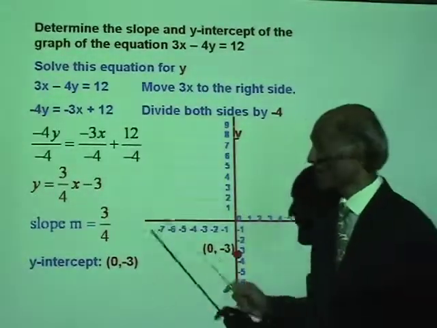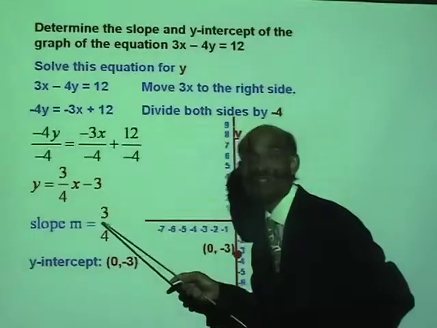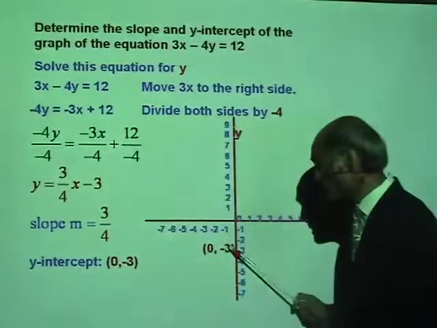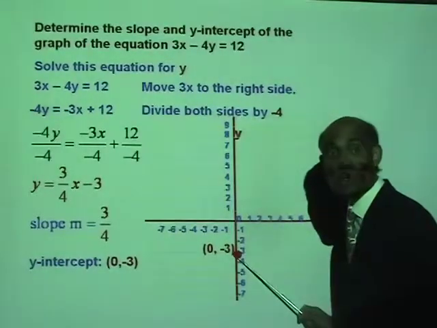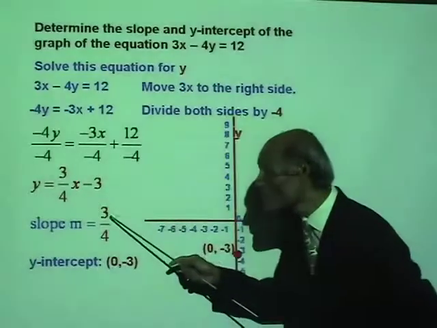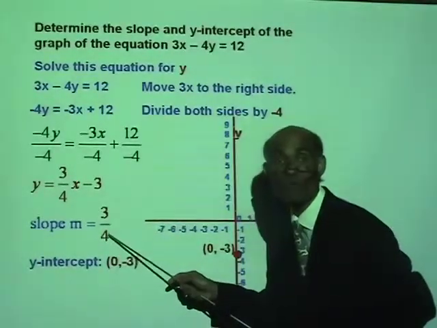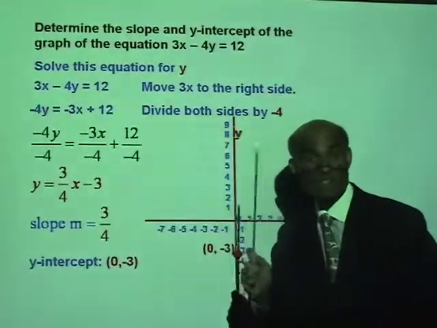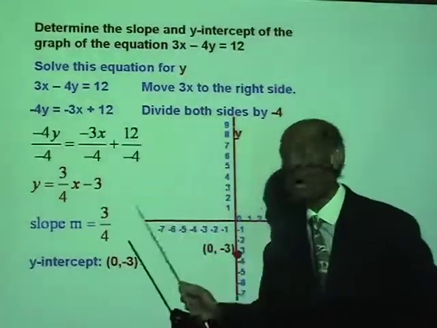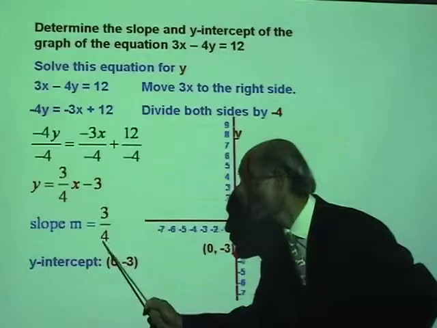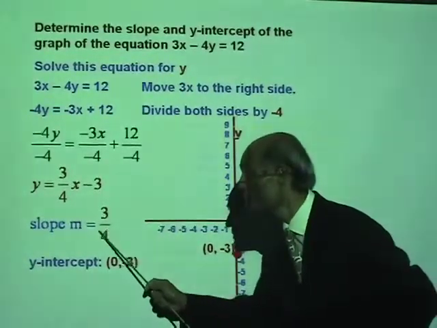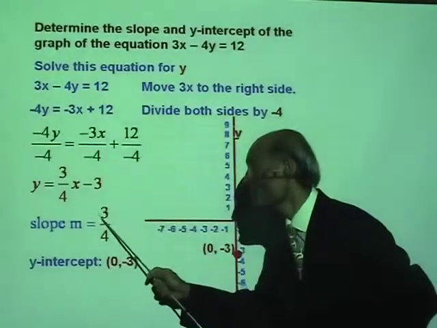Okay. Now, what is the meaning that the slope is 3 over 4? You know that the graph of that line is going to pass through this point. The meaning is, listen carefully, from any point on the line, if you walk 4 units and then rise 3, you see, if this is the walk, this is the rise.